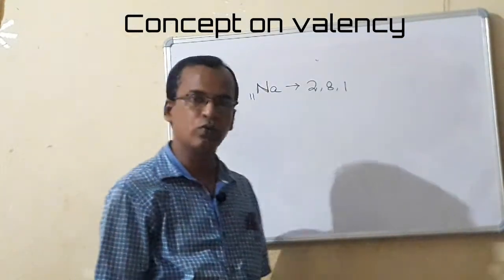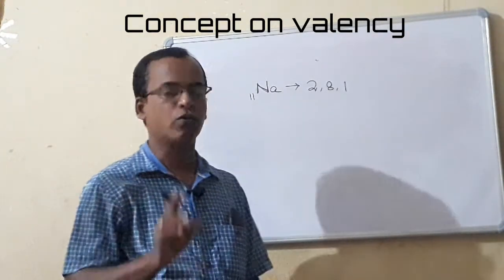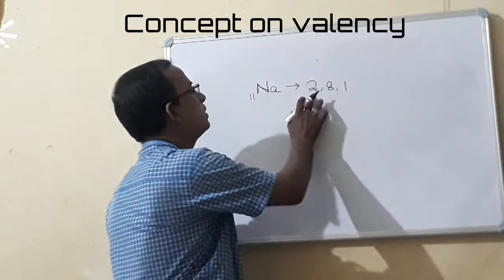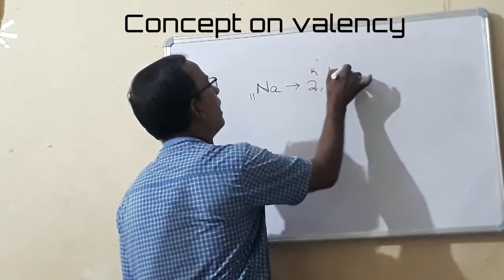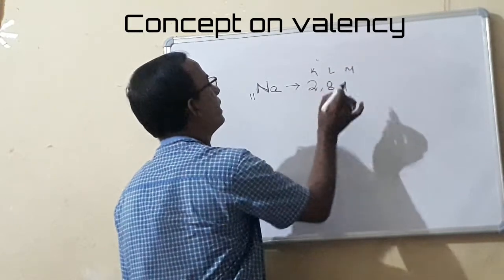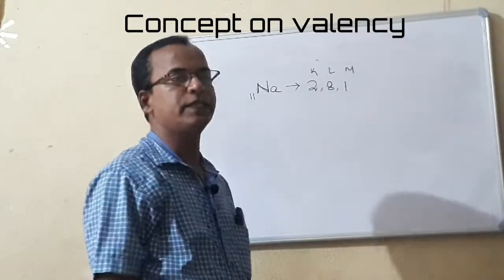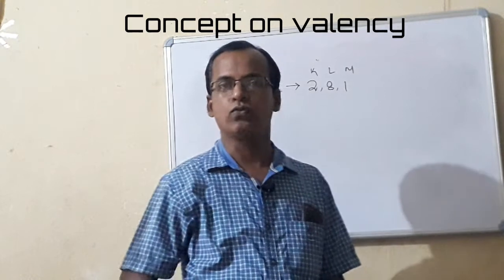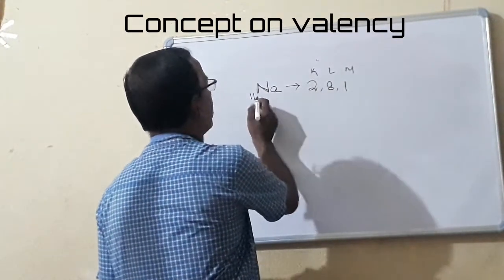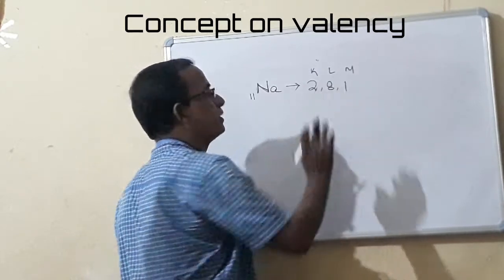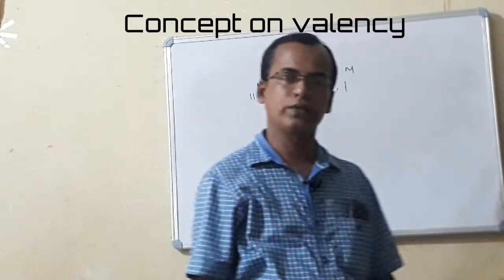By the 2n square rule, the first shell can accommodate a maximum of 2 electrons, the second shell 8 electrons, and the third shell 18 electrons. So sodium, 11, its electronic configuration is 2, 8, 1.